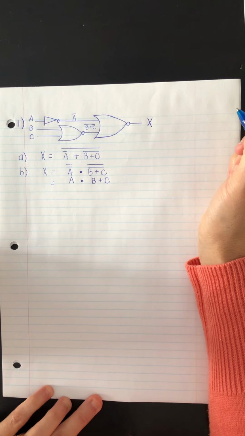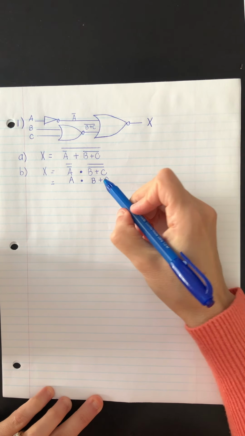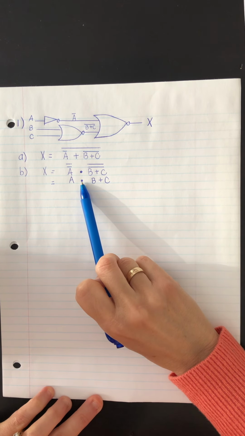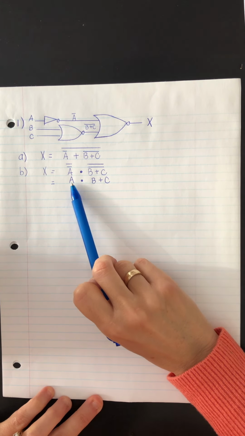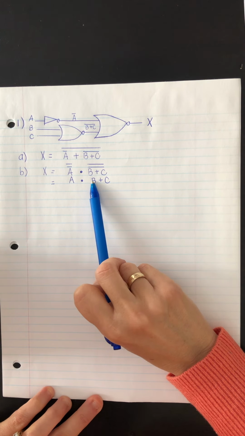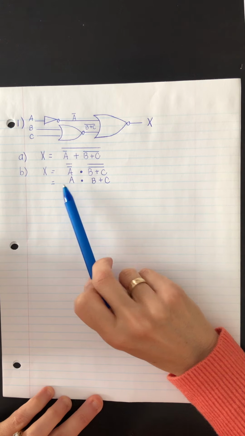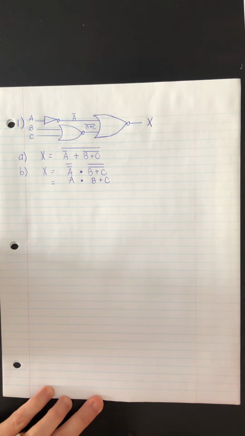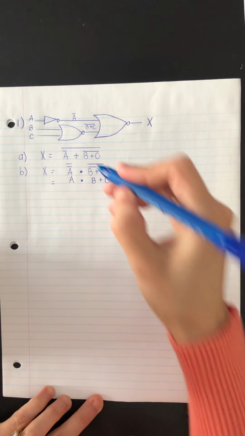The only thing we have to be careful of: we still want to keep B plus C together because right now, given order of operations, this looks like A times B first, an AND gate, and then an OR gate plus C, because you would follow order of operations if you were to draw this.